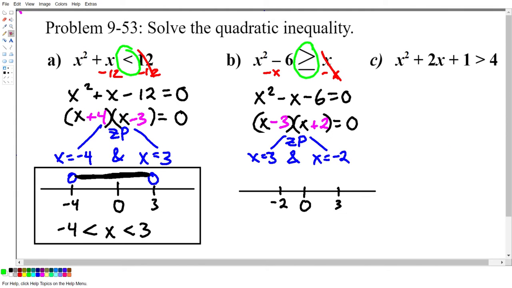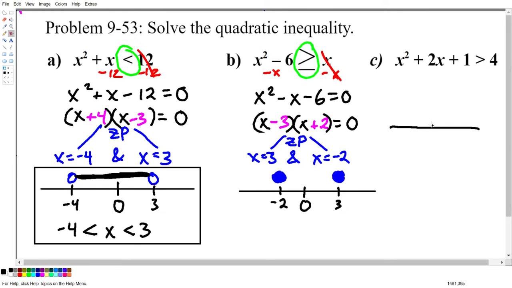So let's draw closed circles on our two boundary points. These are solutions, our boundary points.